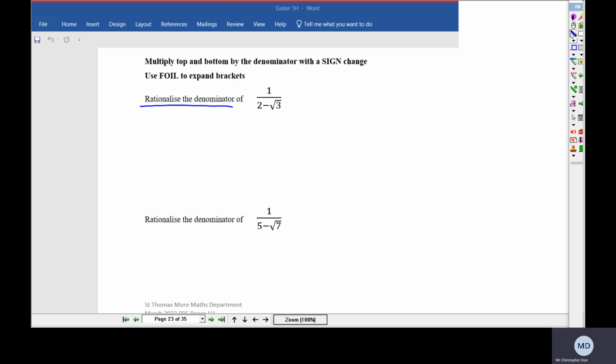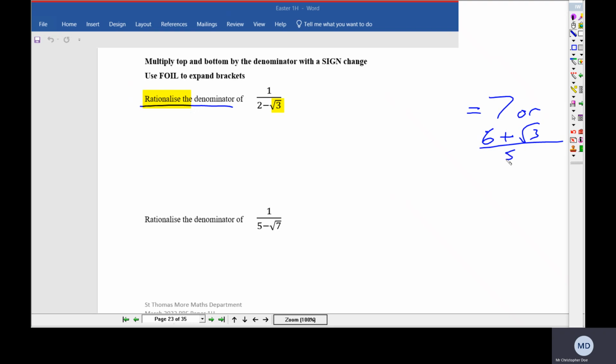Right, okay, so for this one, the objective is to rationalize. When it says rationalize, it means we do not want any square roots on the bottom. So your final answer might be a whole number, or maybe a fraction like 6 plus root 3 over 5.